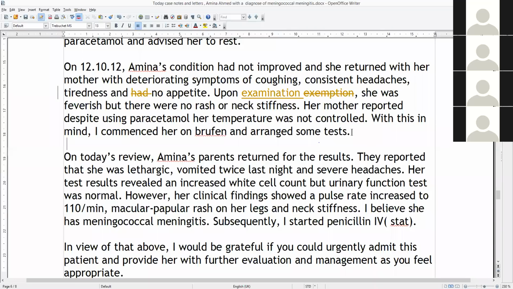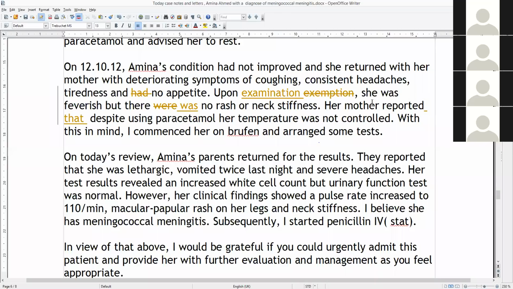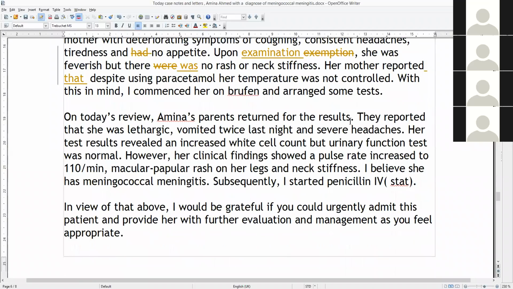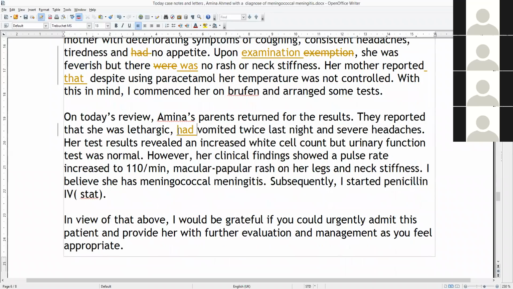She was feverish, but there was no rash or neck stiffness. Mother reported that despite paracetamol, the fever was not controlled. Bearing this in mind, there were some tests. They reported the patient had vomited twice, past perfect, had vomited twice last night, and developed or suffered severe headaches.